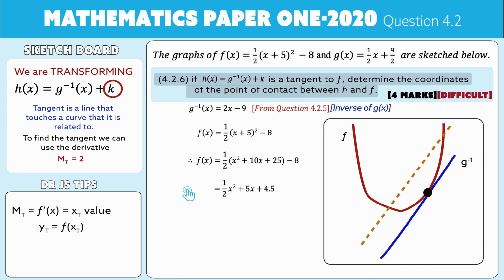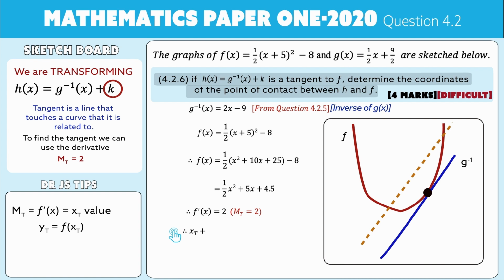Now we know the derivative of this function is equal to 2 because it is the same as the gradient of the tangent. So if I differentiate this, let's just put this down. m_T, the gradient of the tangent, is given as 2. So if we differentiate, we get x.